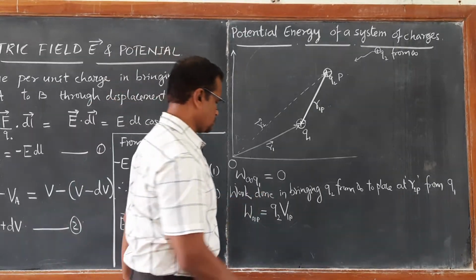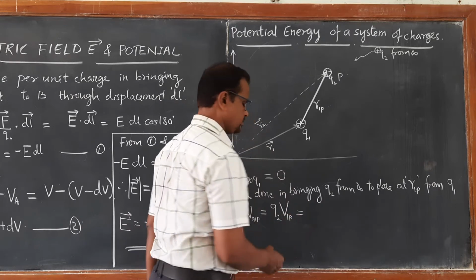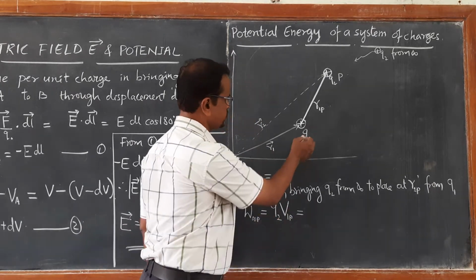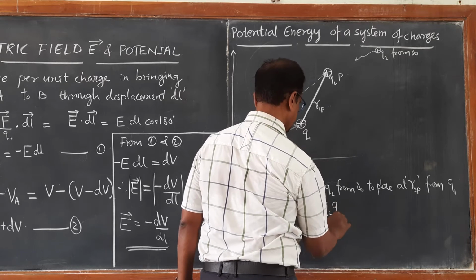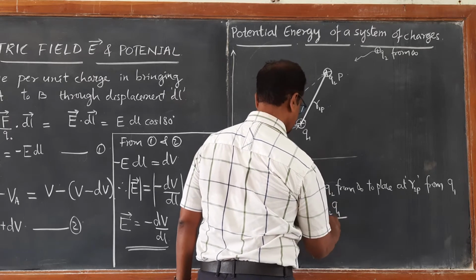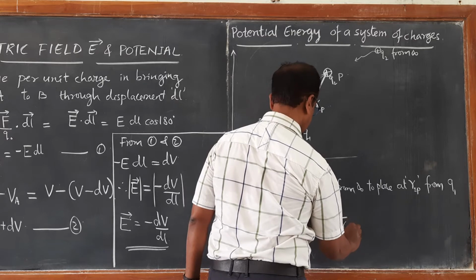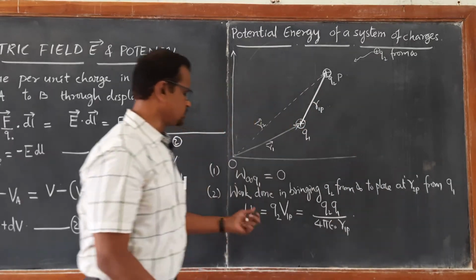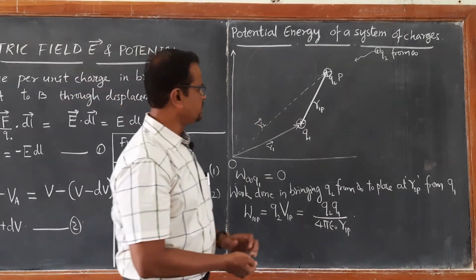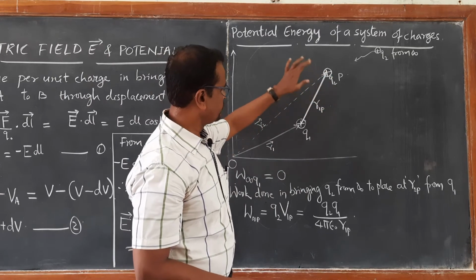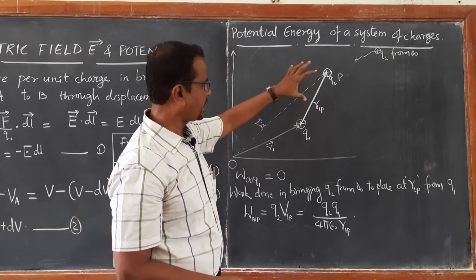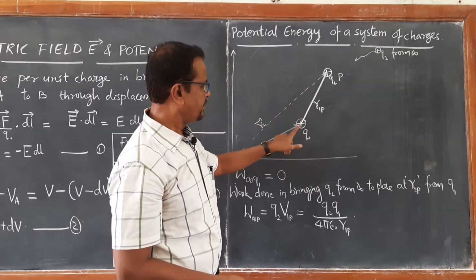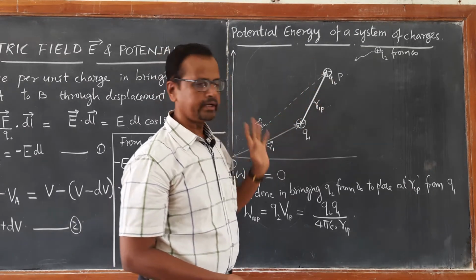V1P we know is Q1 upon 4 pi epsilon naught. So it finally becomes Q2 Q1 upon 4 pi epsilon naught R1P. This is the work done in bringing charge Q2 from infinity against the force of repulsion between the charges Q1 and Q2.